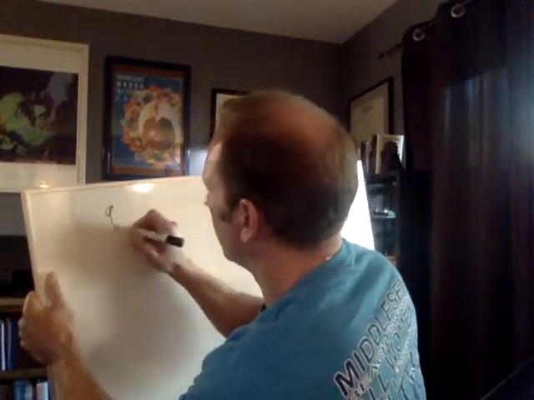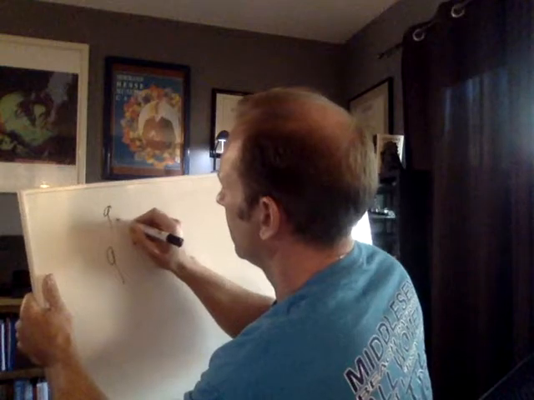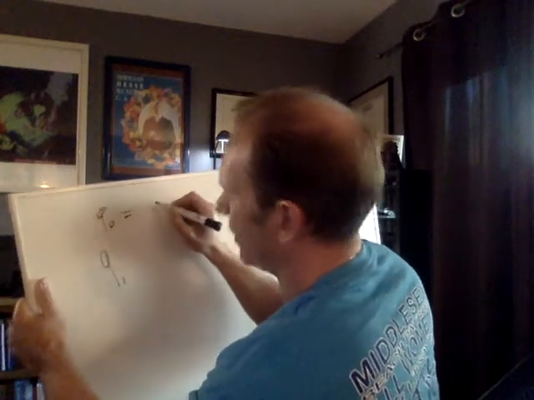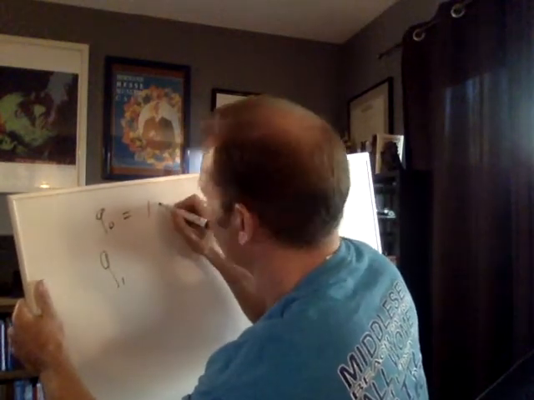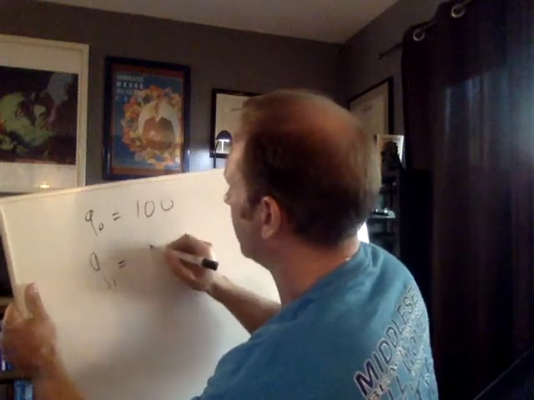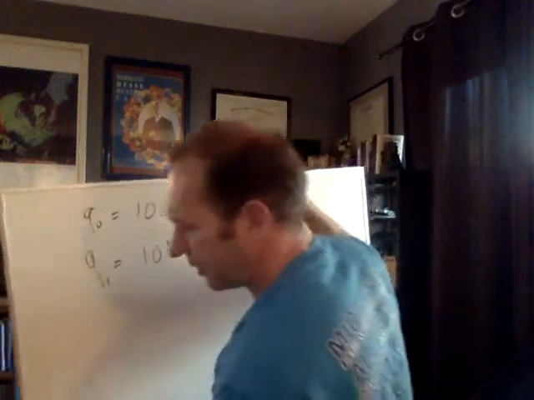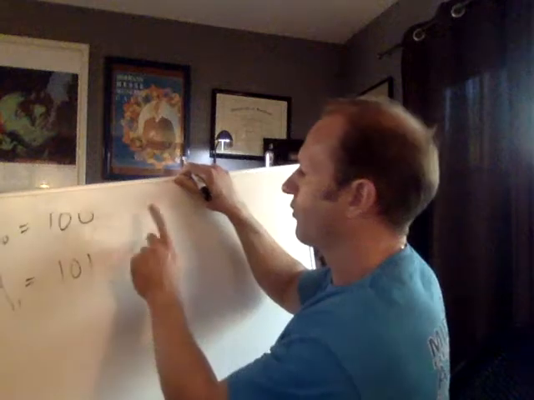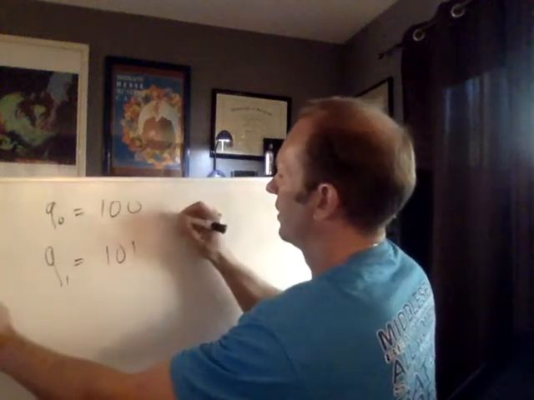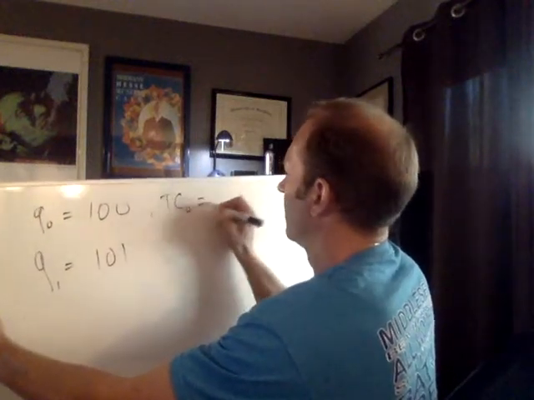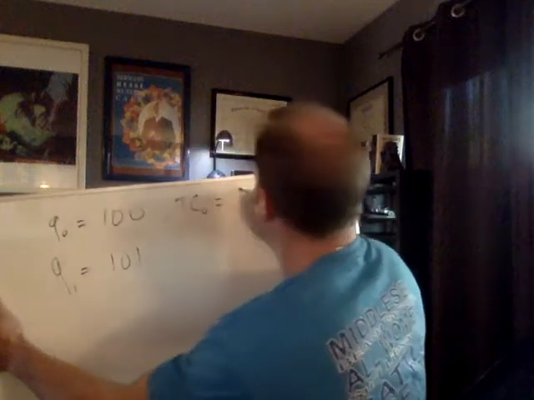So, given the quantities, the first one that we're given is 100 units of output. We could move up to 101 units of output. And we're told that for this 100 units of output, the total cost is $10,000.